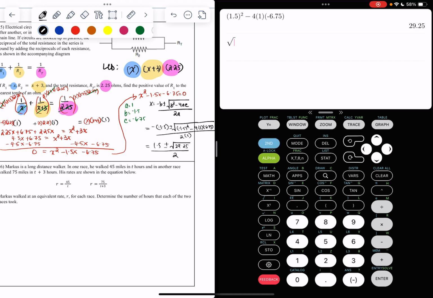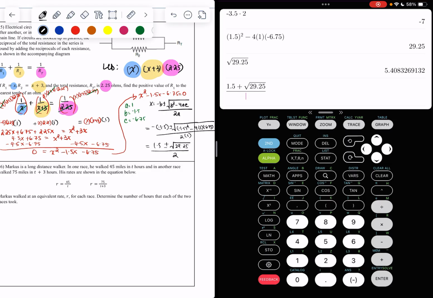So we have the square root of negative 2.25. So I'm going to do it like this. One of them is going to be with plus, and the other one is going to be with minus. So 1.5 plus the square root of 29.25 over 2. And the other one, let's see if I could turn it into a fraction. Math, enter, enter. Nope, I can't. And then the other one is going to be with minus, so I hit enter, but I'm going to turn this into a minus, which is a negative number.